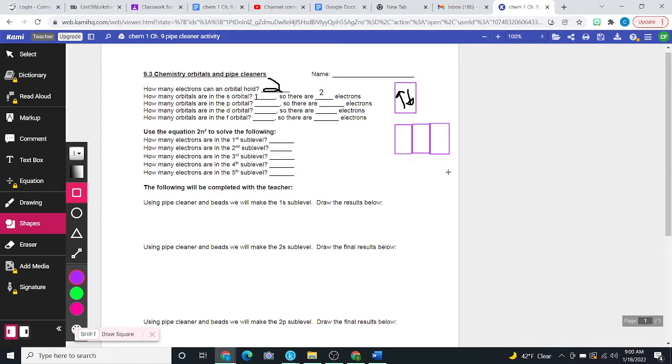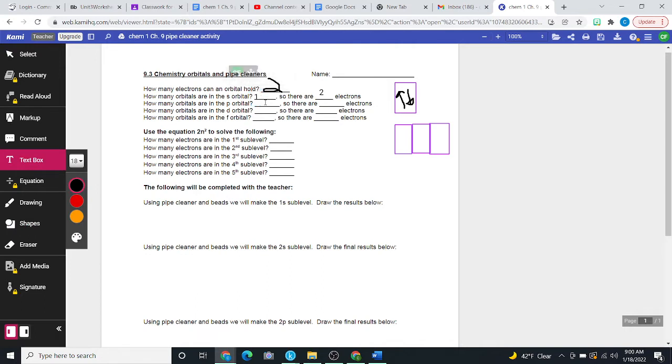And the box is representing each one of those infinity signs. So the answer to this first part, how many orbitals are there? There are 3. So if each box holds 2 electrons, there's 2, 4, 6. So 6 electrons.